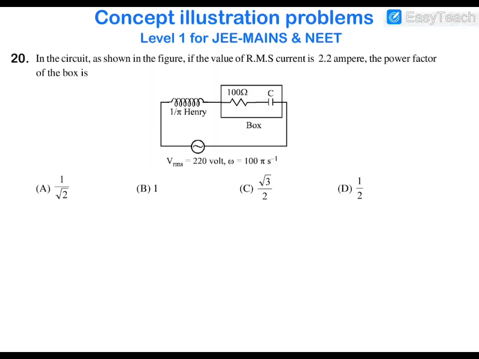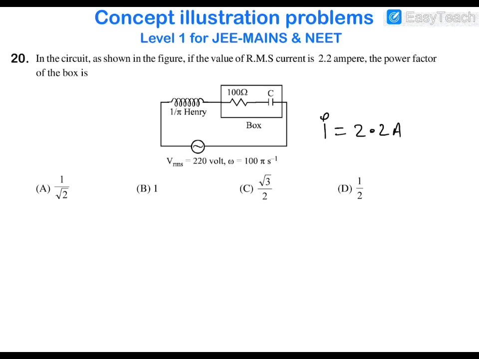In this question, you can see that there is a circuit in which L, C, and R, all three are connected in series with a voltage source, this one. And the current which is already flowing in this circuit is 2.2 ampere. So I is 2.2 ampere.